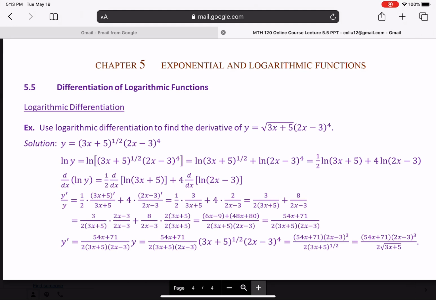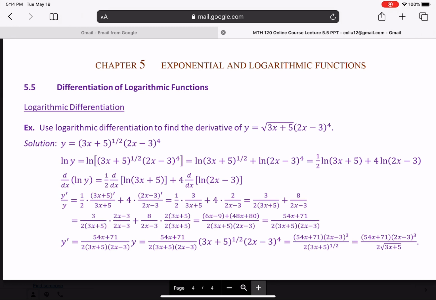So now we can multiply y on both sides to solve for y prime to get (54x plus 71) over 2 times (3x plus 5) times (2x minus 3), times y. But y is equal to (3x plus 5) to the half times (2x minus 3) to the fourth.